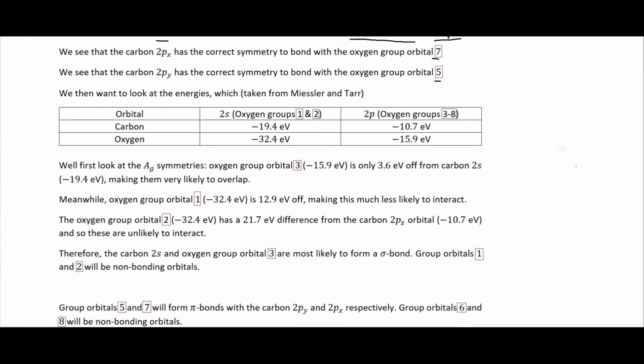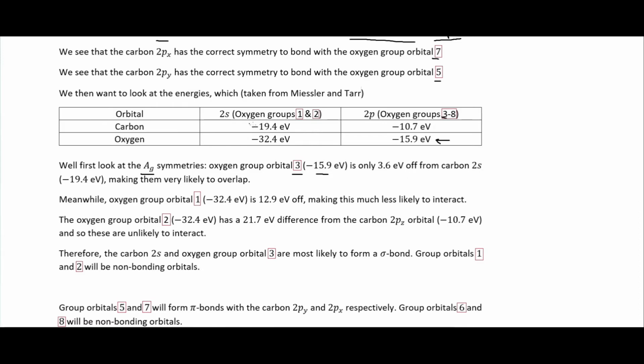All right, so these are the energies of the different orbitals here. So we'll first look at the Ag symmetry. So the oxygen group orbital 3, which has this minus 15.9, which is this one right here, is only 3.6 electron volts off from the carbon 2s.